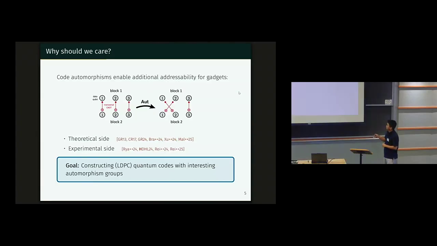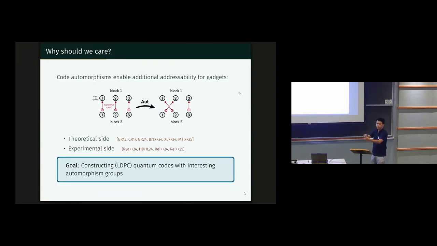So why should we care about these things? Whenever your code has this permutation symmetry, what can happen is when you have, let's say, a fault-tolerant logical gadget, here I've sketched out a transversal CNOT gate between 2 code blocks, which you would get for any CSS code. I can permute the physical qubits first, then act with the transversal gate, and then unpermute them.